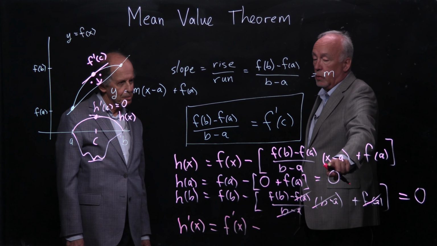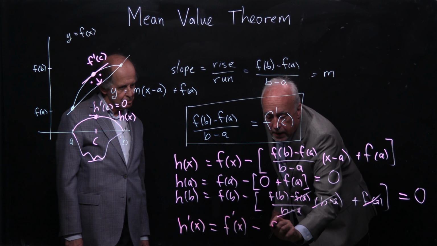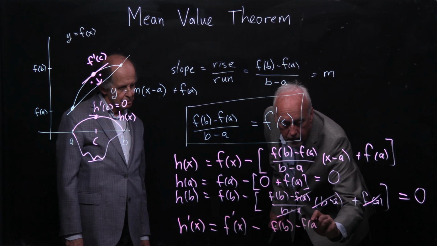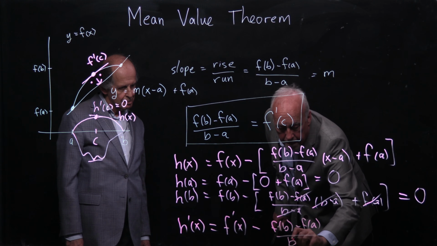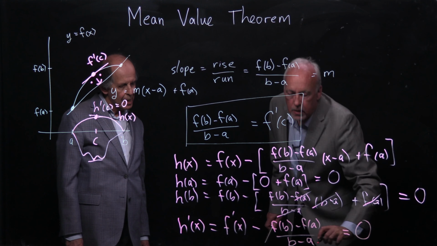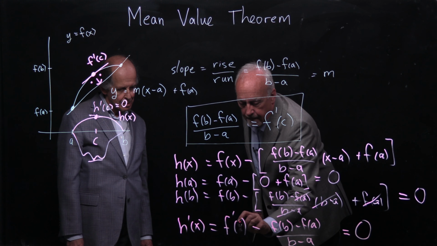Its derivative will be 1, gets multiplied by this. So this is f of b minus f of a over b minus a. And we know at some point c, this is equal to 0. At x equals c. So I'll put in a c here.